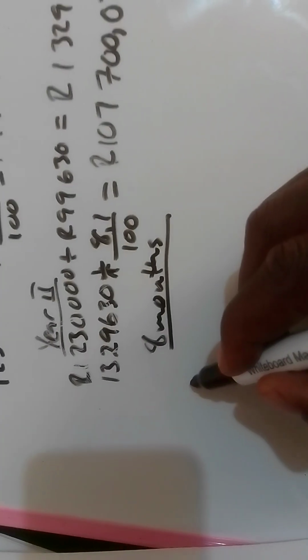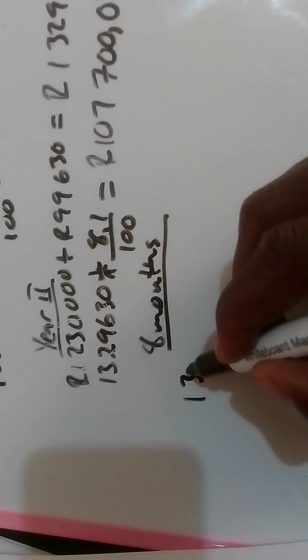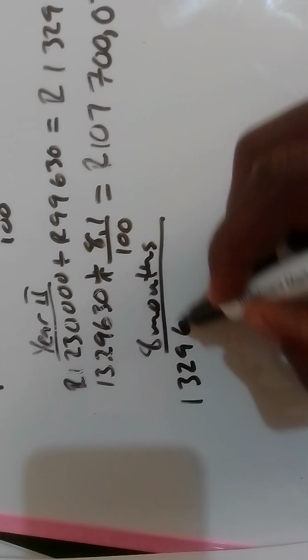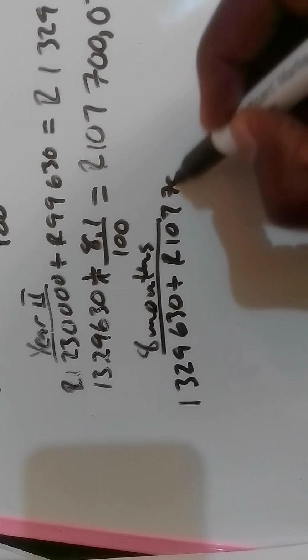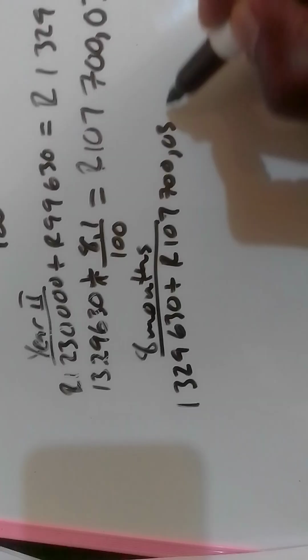So we take this 1,329,630 plus the 107,700.03.